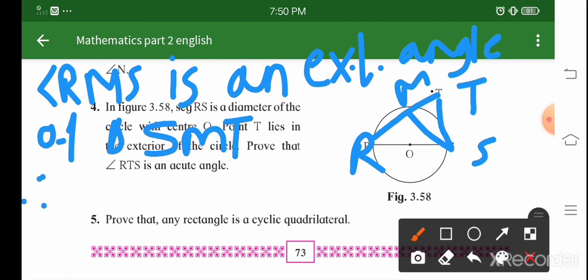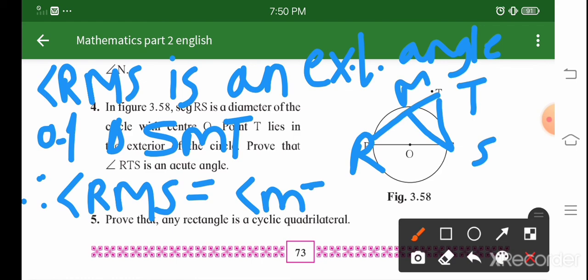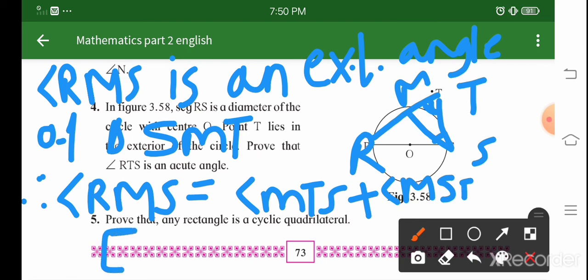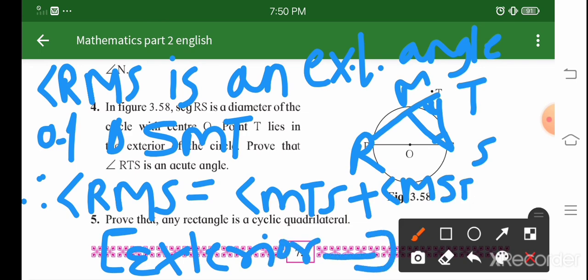Therefore RMS will be equal to angle MTS plus angle MST, the two opposite interior angles, and the reason will be the exterior angle theorem. You'll have to specify that.